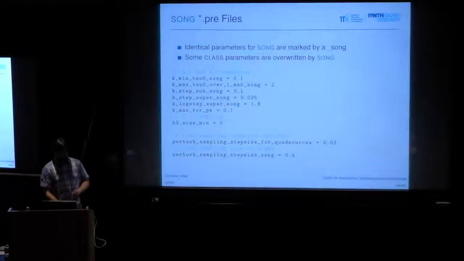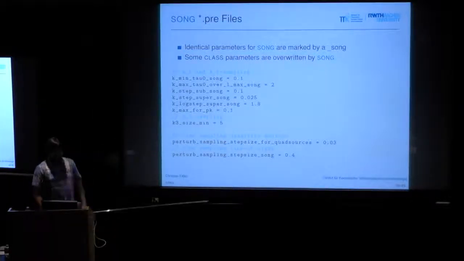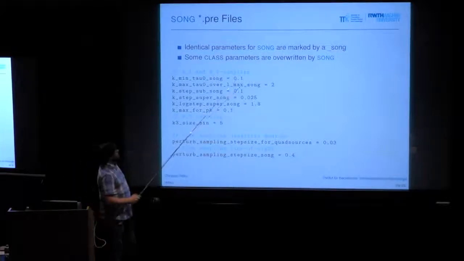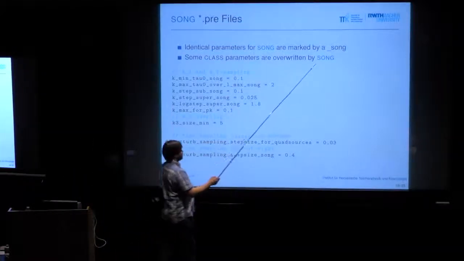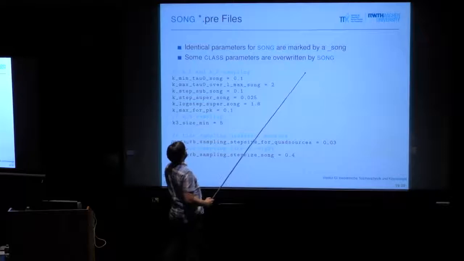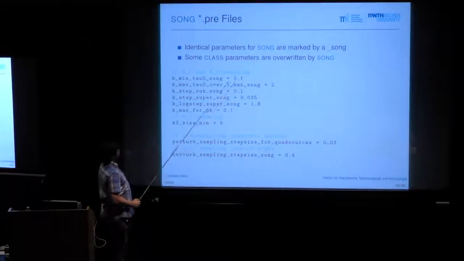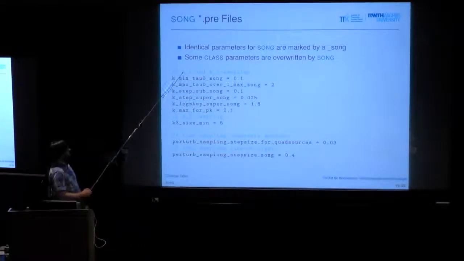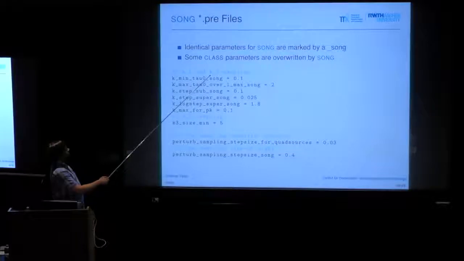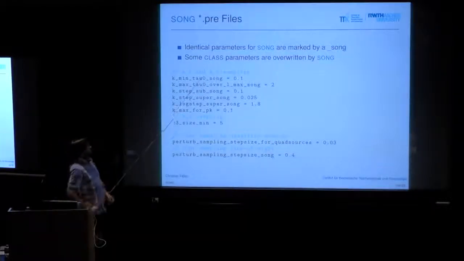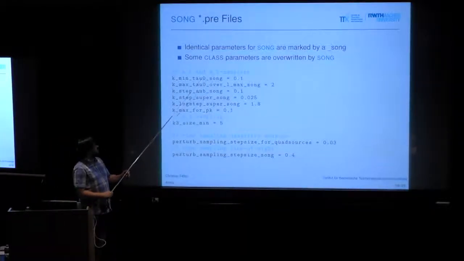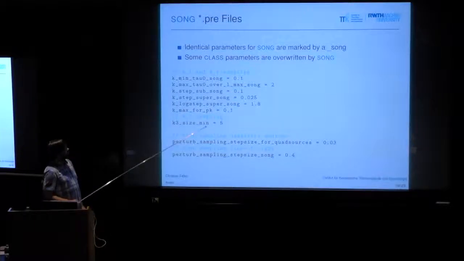Good, then now how does one put these parameters actually in the precision file? So we have marked all of the parameters that are related to song with the underscore song. And then you first specify the K1 and K2 sampling. And this is done relatively similar to the sampling in class.